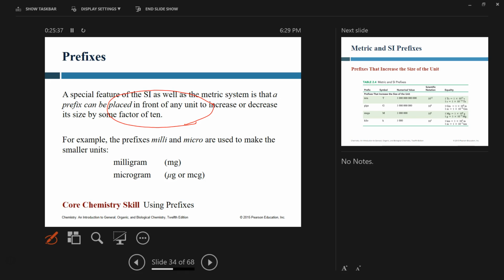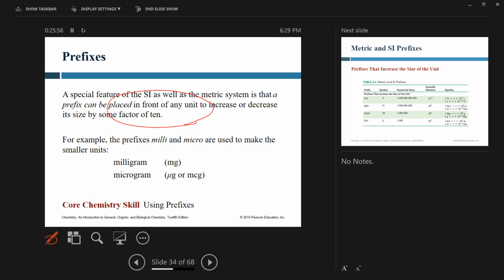Few things about prefixes, sort of a general rule. We have prefixes for 10 times more or less, 100 times more or less, 1,000 times more or less. Is that clear?